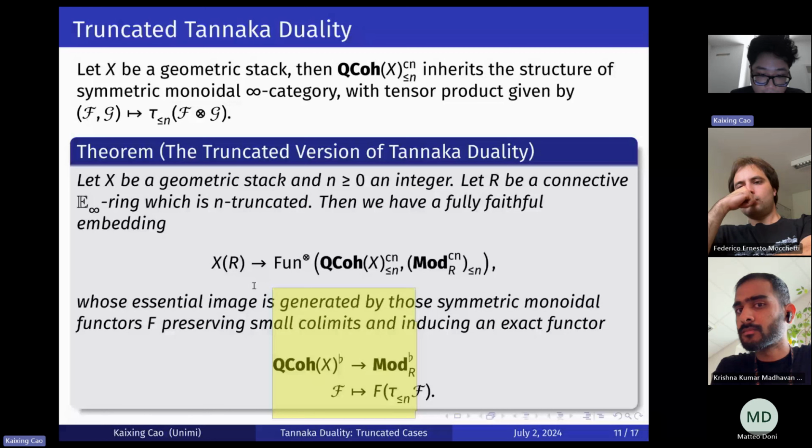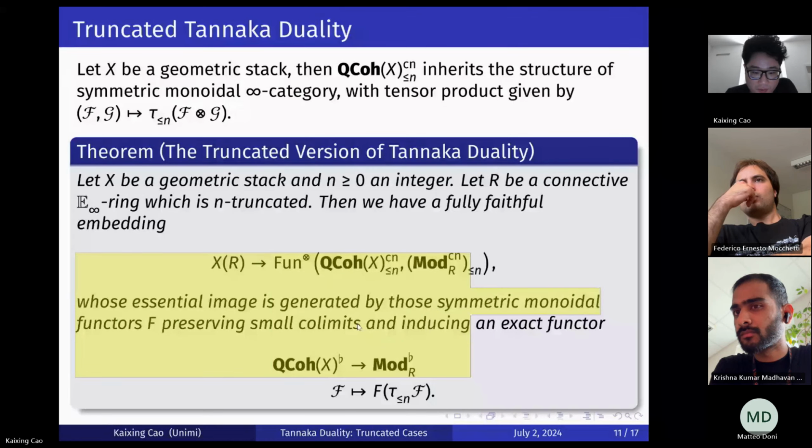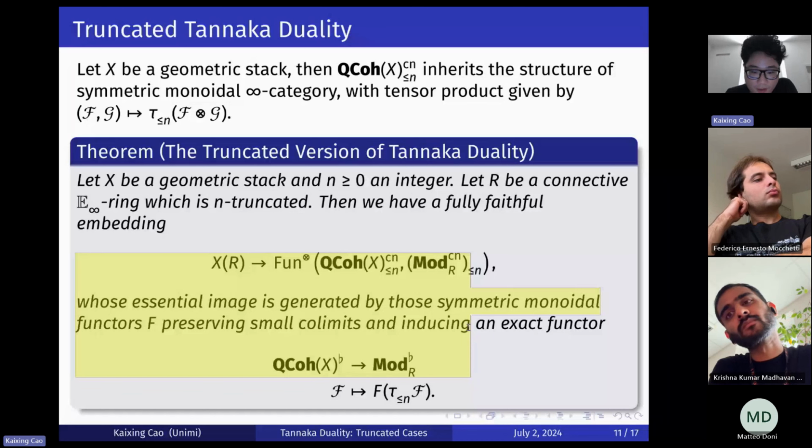But as you see, if we just take an arbitrary functor between them, it's not reasonable if we don't put some conditions restricting to the flat objects.